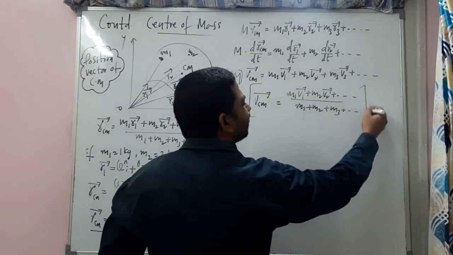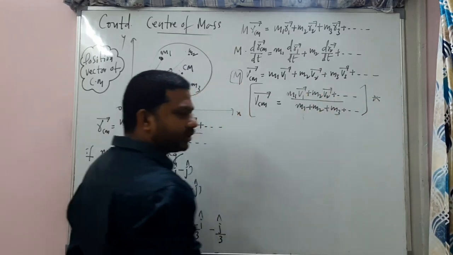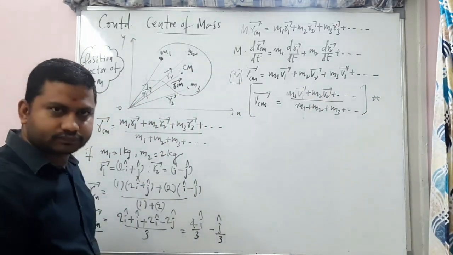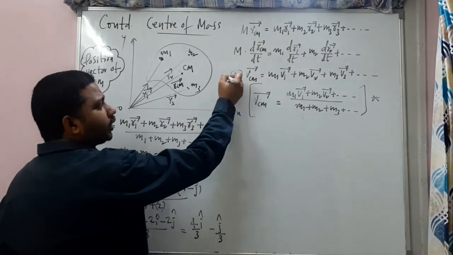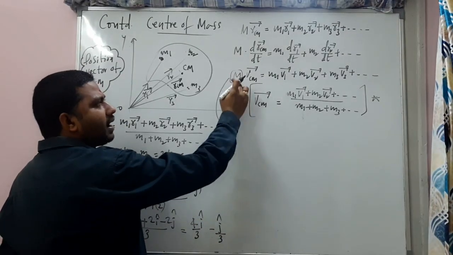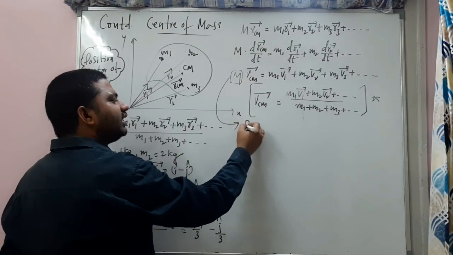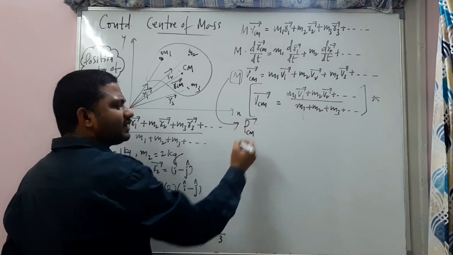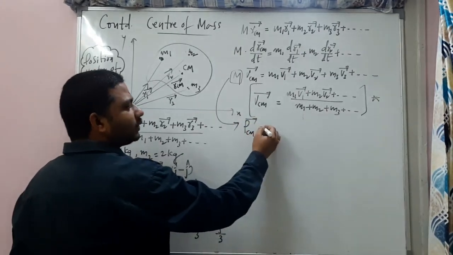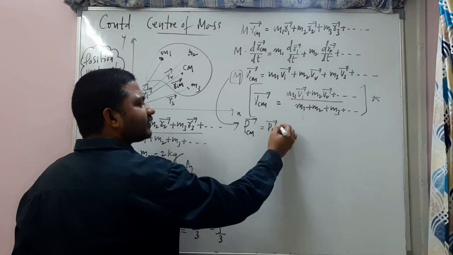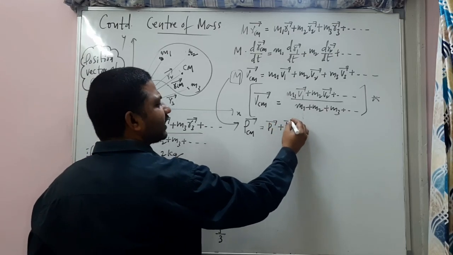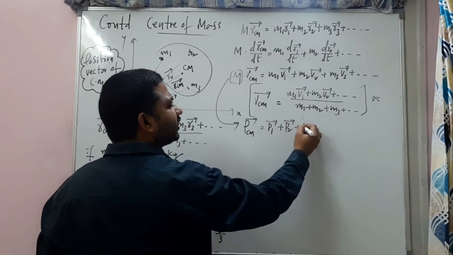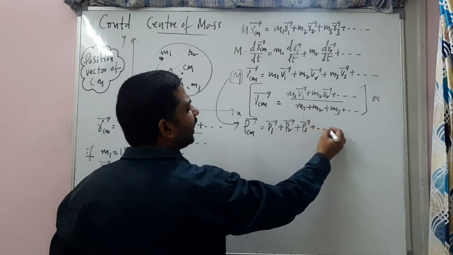Important. And from this equation, what do you get? Listen. Mass into velocity, the linear momentum of the center of mass, is equal to the linear momentum of the first body, plus that of the second body, plus that of the third body, and it goes on like that.